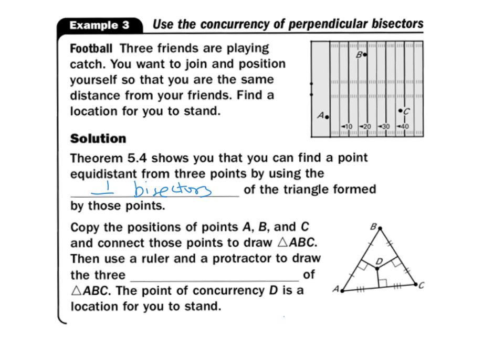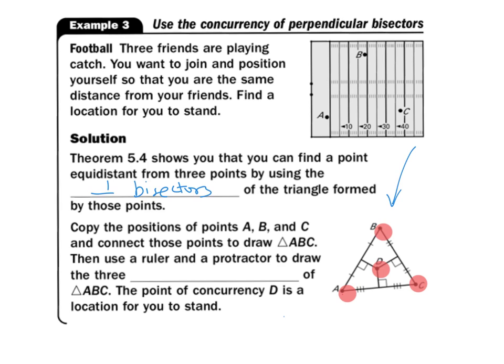So now I copy this position down in this diagram. I have my friends, let's see, A, B, C right here. Those are my three friends. And I have to find a spot that's of equal distance. So D would be my spot.